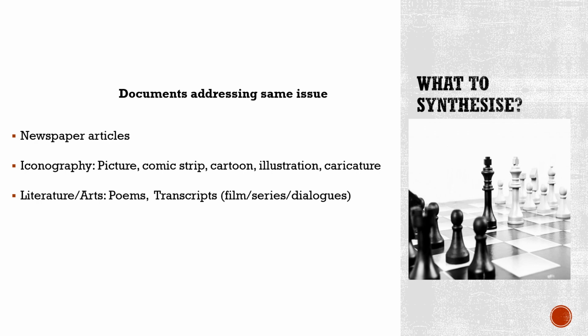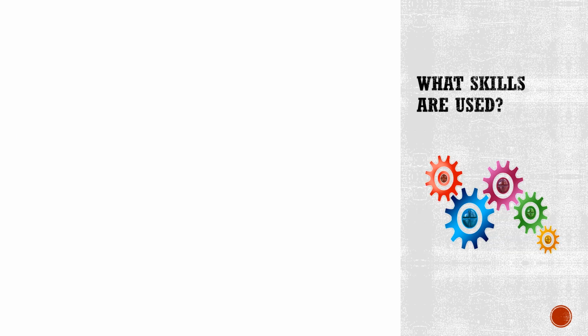Now, to synthesize, you need to use a set of skills which are important, crucial. What are these skills? Skimming, a basic skill. You read through the documents you're given quickly to just get the main idea. This is called skimming.